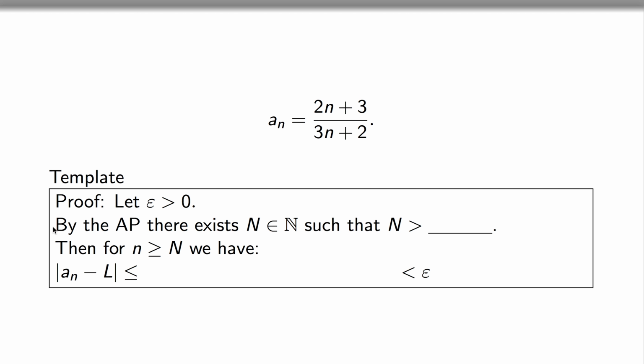By the definition of the limit, we have to show that no matter what epsilon we choose, we can find some capital N, so that if we have little n bigger than capital N, then the distance between a sub n and the limit, that's this absolute value here, has to be less than epsilon. I've left some space in the middle, as we'll need a lot of space to do our computations, but this is the basic setup of any proof.